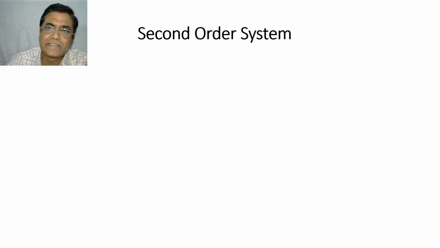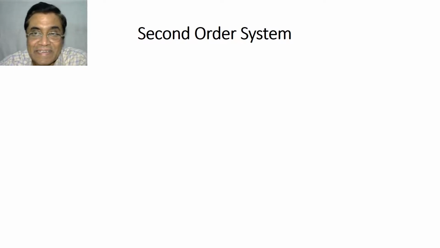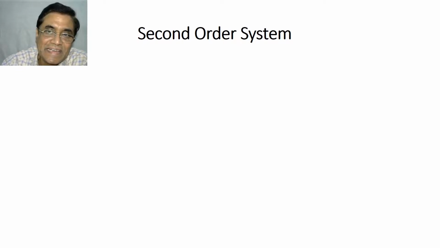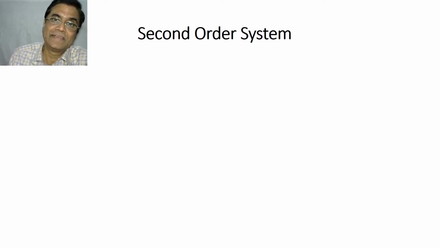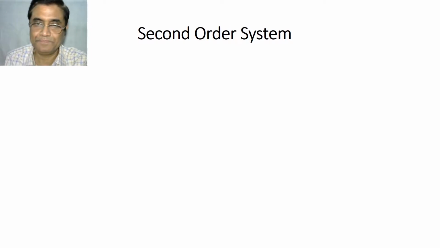Why second order system? If somebody asks you, it is because the behavior of the second order system is very peculiar. And if we understand the behavior of a second order system very clearly, then we'll understand control also very clearly, because many engineering systems can be modeled as a second order system.